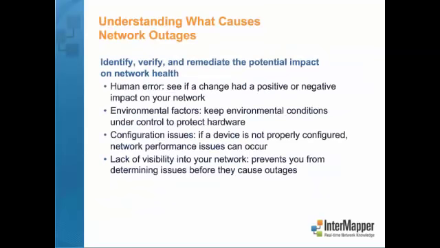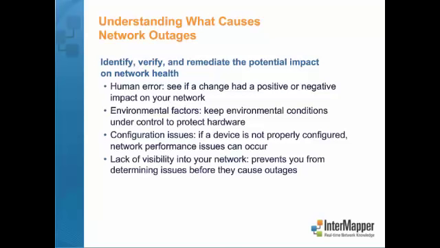So let's understand what causes network outages. As we mentioned, it's very apparent that human error is on the top of the list in terms of the biggest impact to network outages. A lot of folks make changes. If you unplug a device, or you plug a patch cable into the wrong port, this can bring down an entire network.